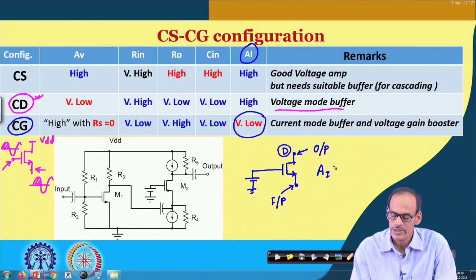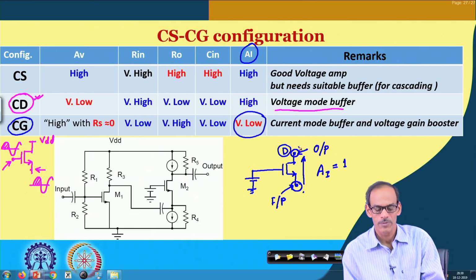Since the current gain is 1, the common gate circuit is referred to as a current conveyor. It conveys the current from the source node to the drain node without any amplification, the purpose being to convey the current from the low impedance node, the source node, to the high impedance node, the drain node.